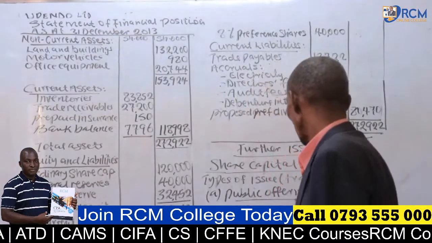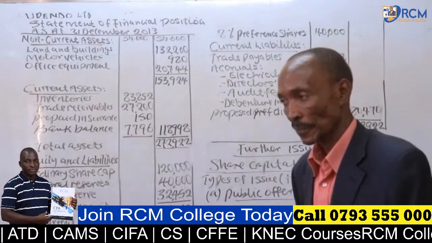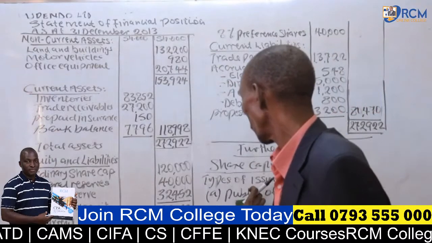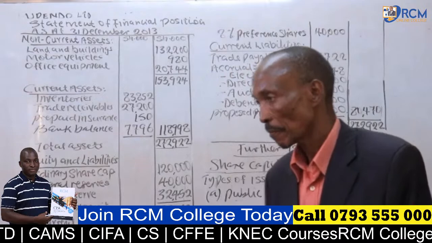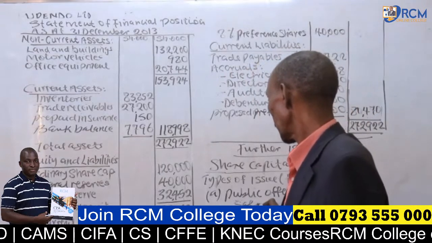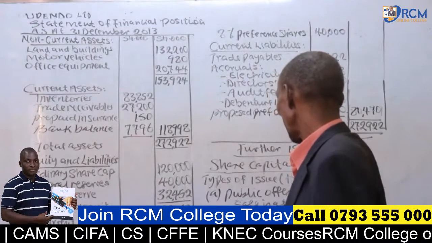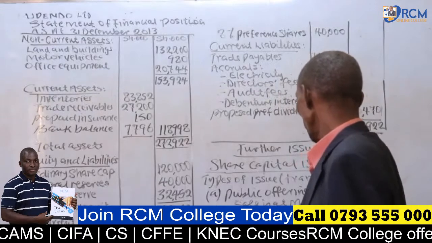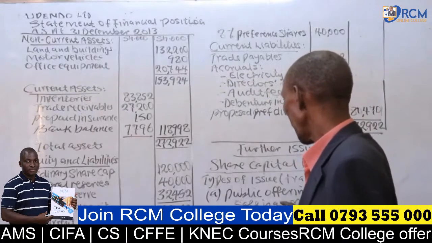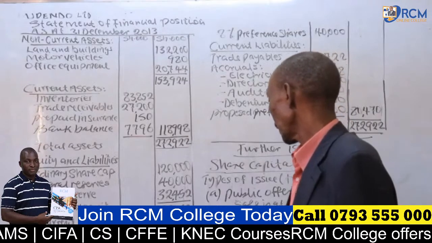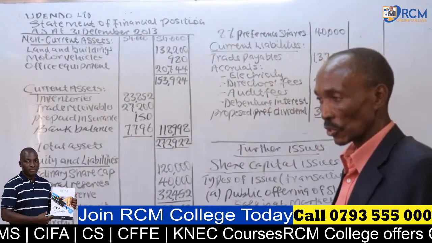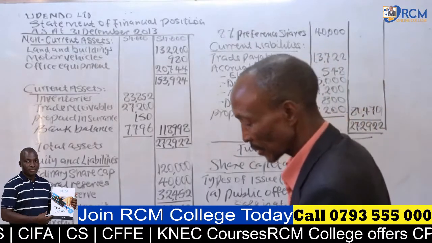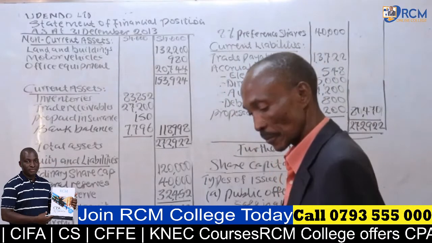In this case, the company sells the shares to anybody who is ready to buy, normally at market value, at market price, without having to make any special concessions. So when the shares are sold, we debit the cash account and credit the share capital account.